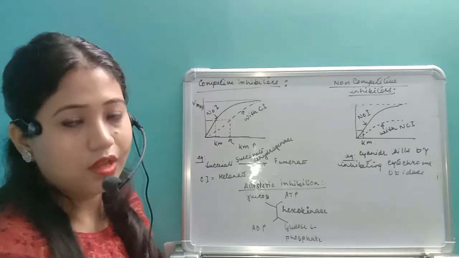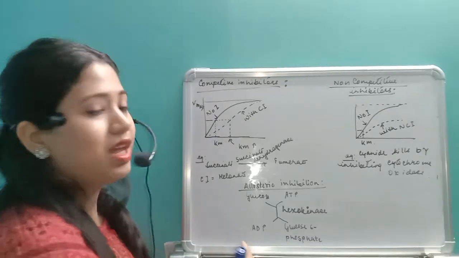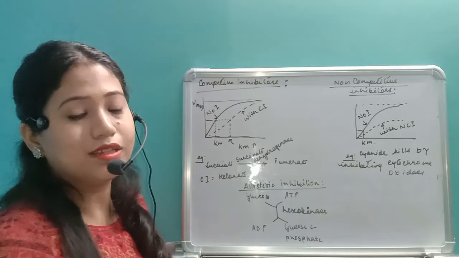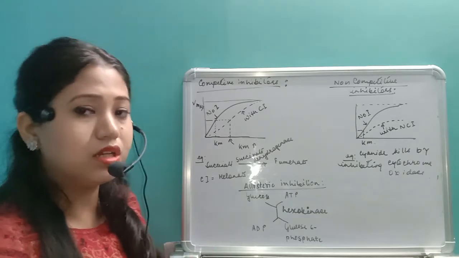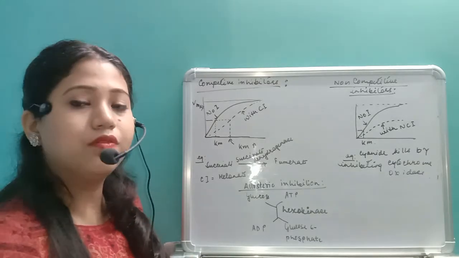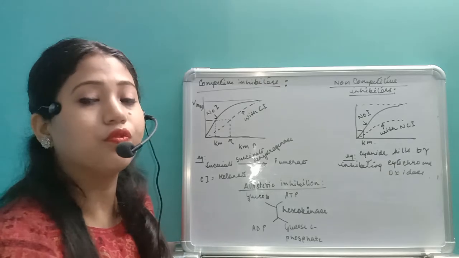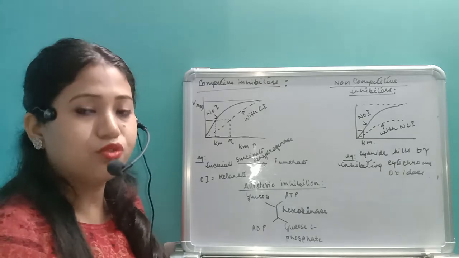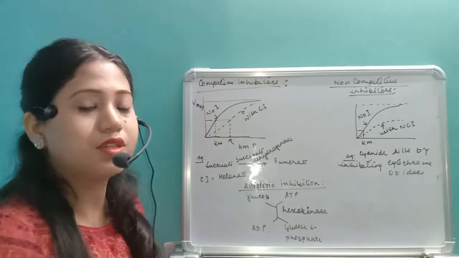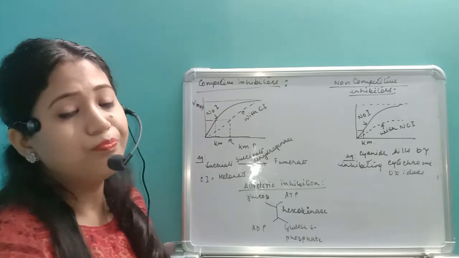Whenever there is a presence of competitive inhibitor, the competitive inhibitor as well as the substrate will compete for the same active site and try to bind with the enzyme.